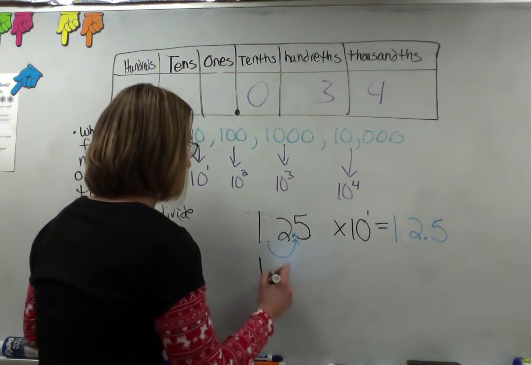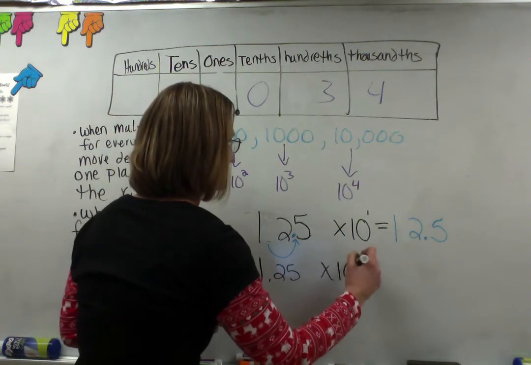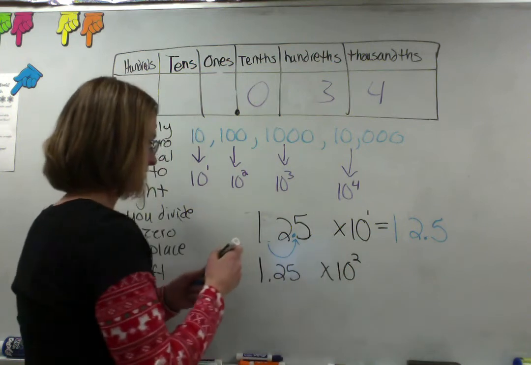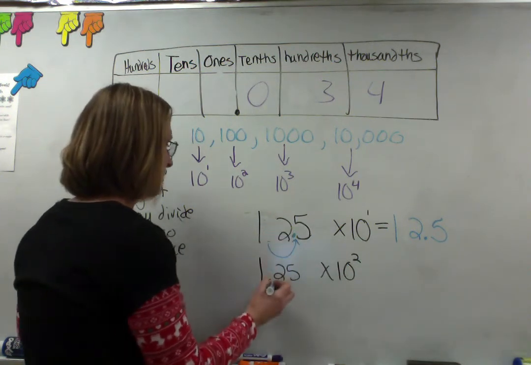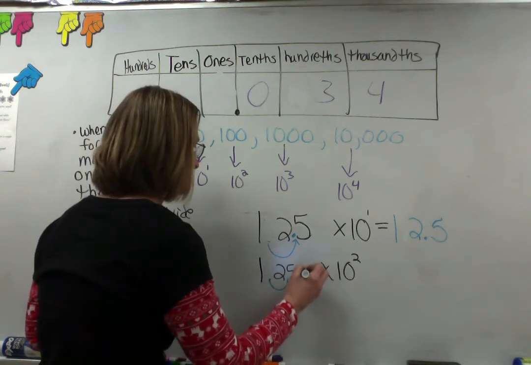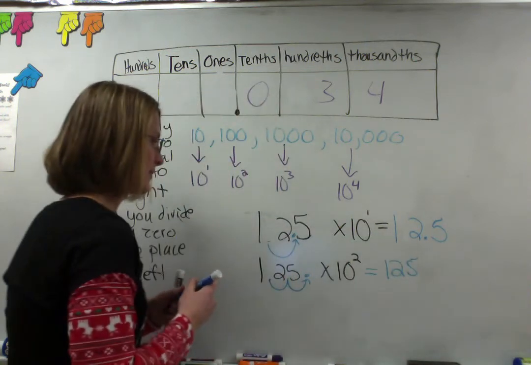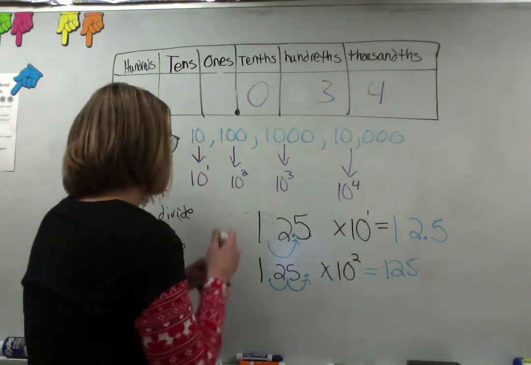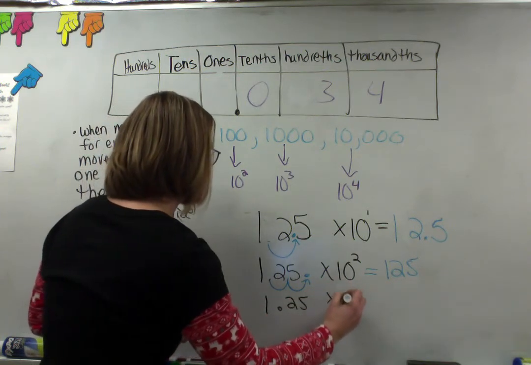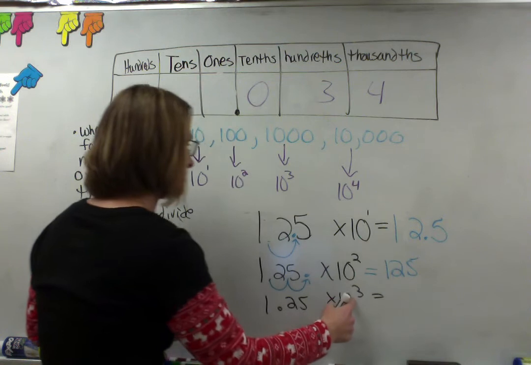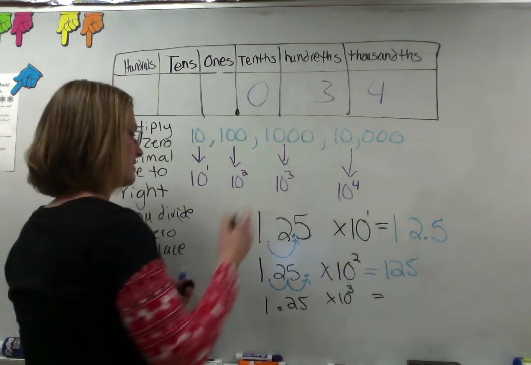All right, let's move on our way up. 1 and 25 hundredths times 10 to the second. That would be 2 zeros. So I'm going to move my decimal 2 places to there. So my answer is going to be 125. Hopefully we're seeing a pattern here. If I do 1 and 25 hundredths times 10 to the third, that's 3 zeros, it's 1,000.